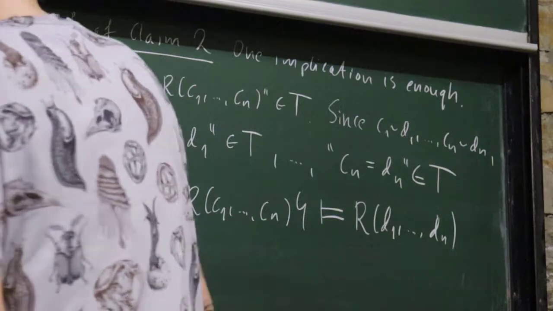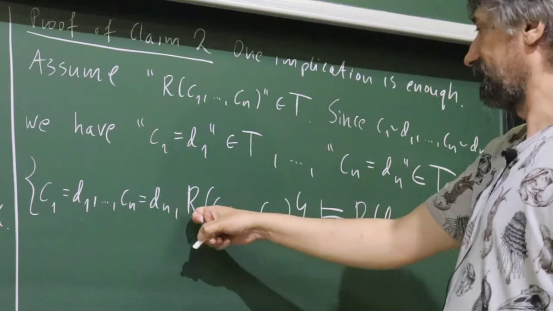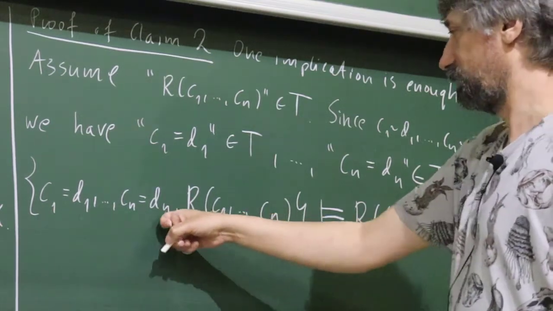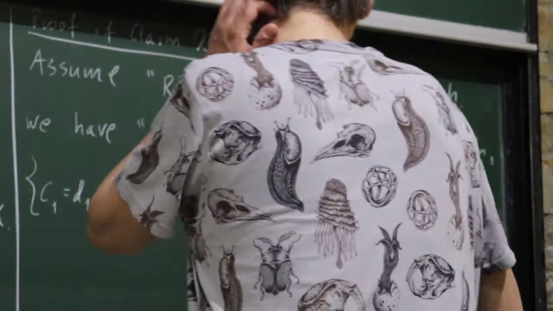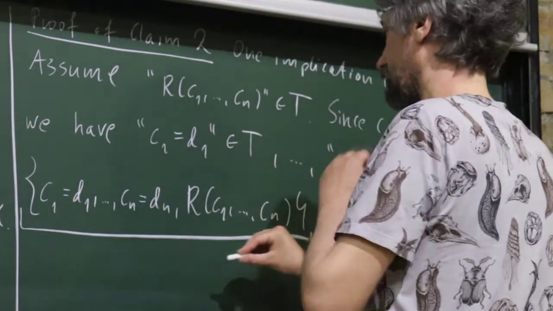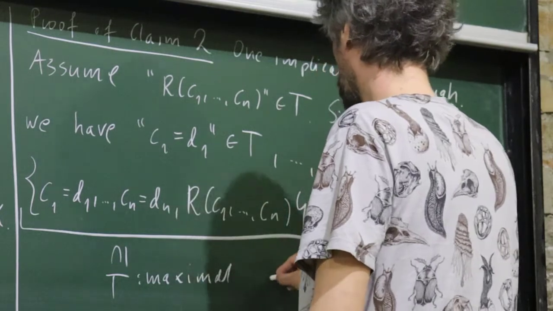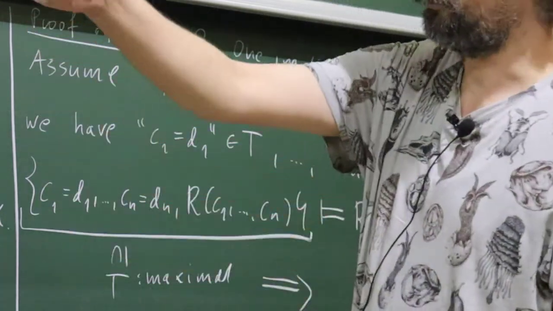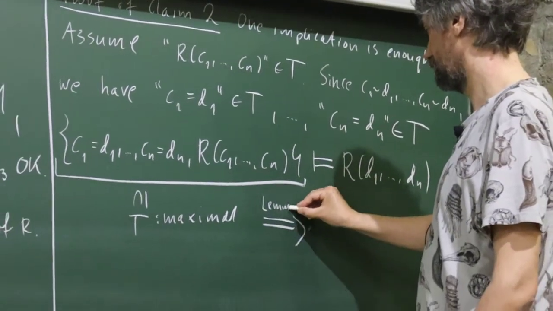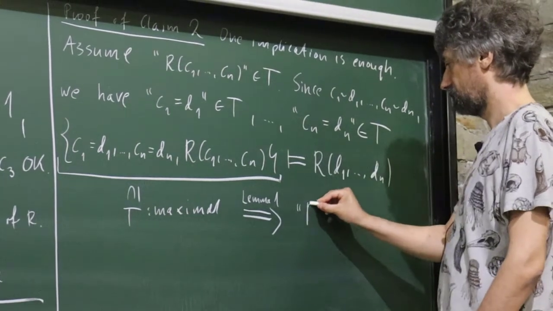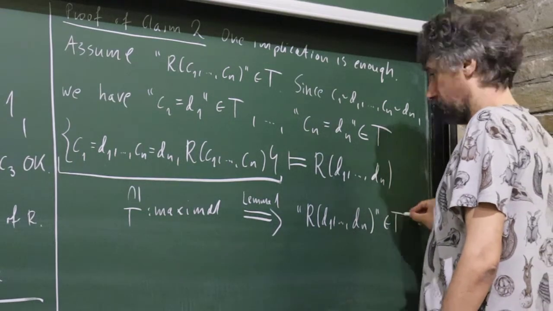Because in any L structure, if really C1 equals D1 and Cn equals Dn, and R holds on C1 to Cn, then because of these equalities, R must hold on D1 to Dn. Okay, but this was a subset of T, which is maximal. So again, by lemma 1, this is in T. Which is what we wanted.